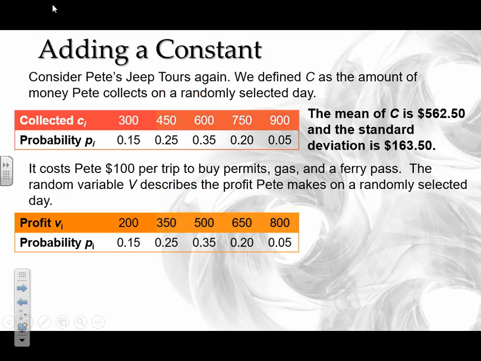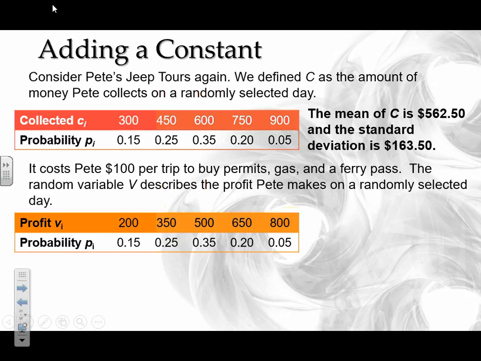So we're going to let a third random variable, which they call V, describe the profit Pete makes on a randomly selected day. So random variable C was how much money he collected. Random variable V is how much he actually profits on that given day.